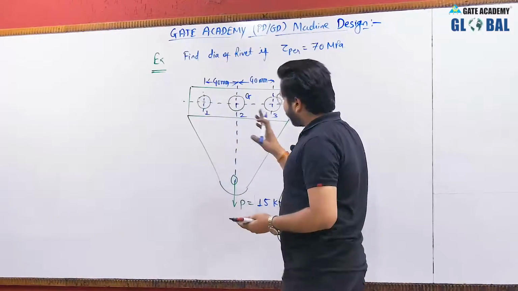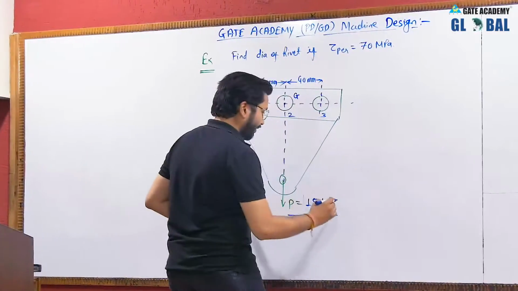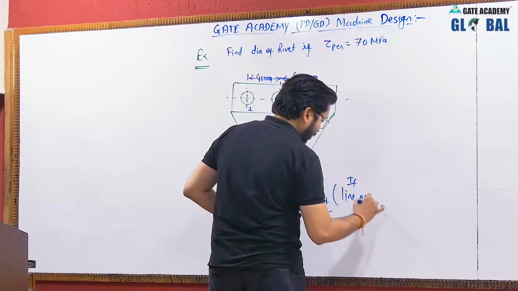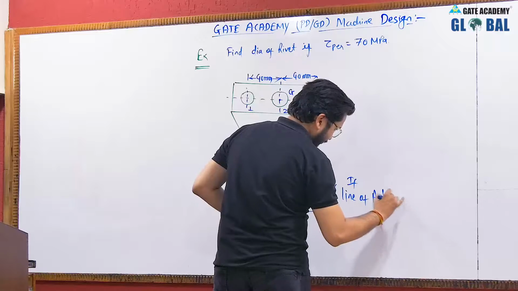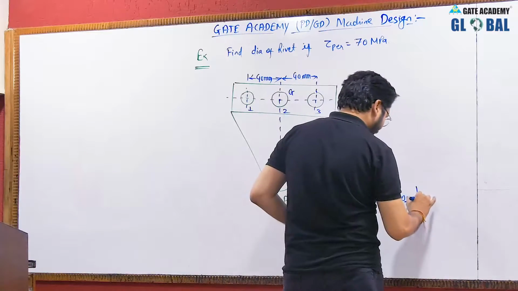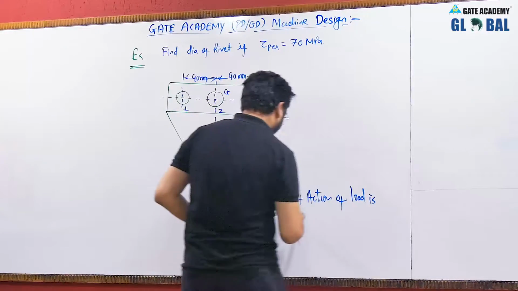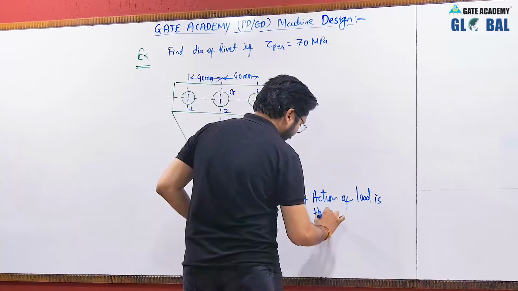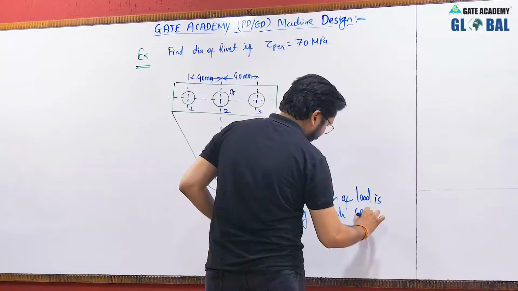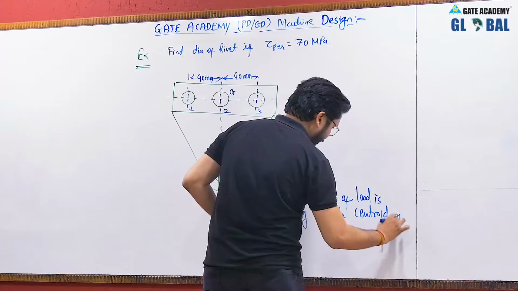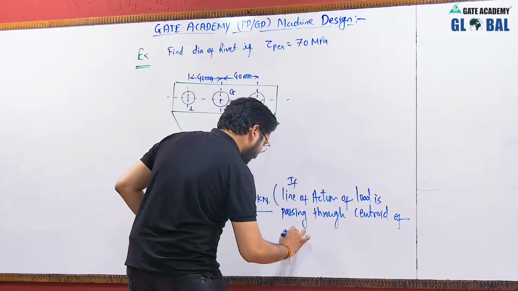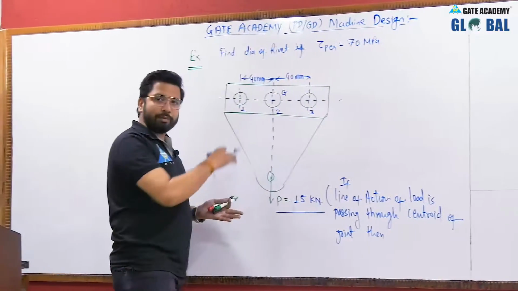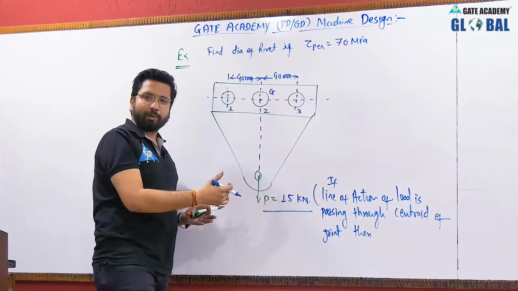So if the line of action of the load is passing through the centroid of the joint, then there will be no rotational effect, there will be no moment of the external force about the centroid.